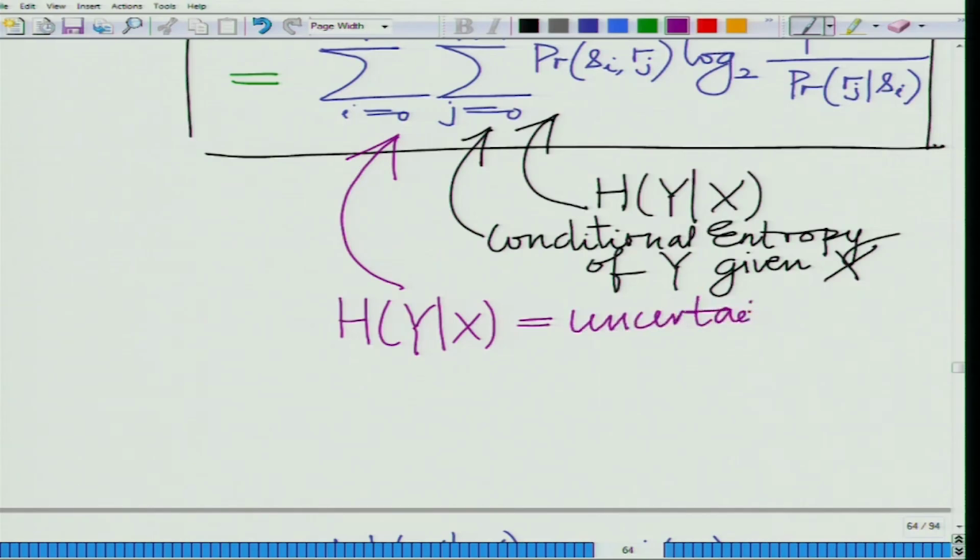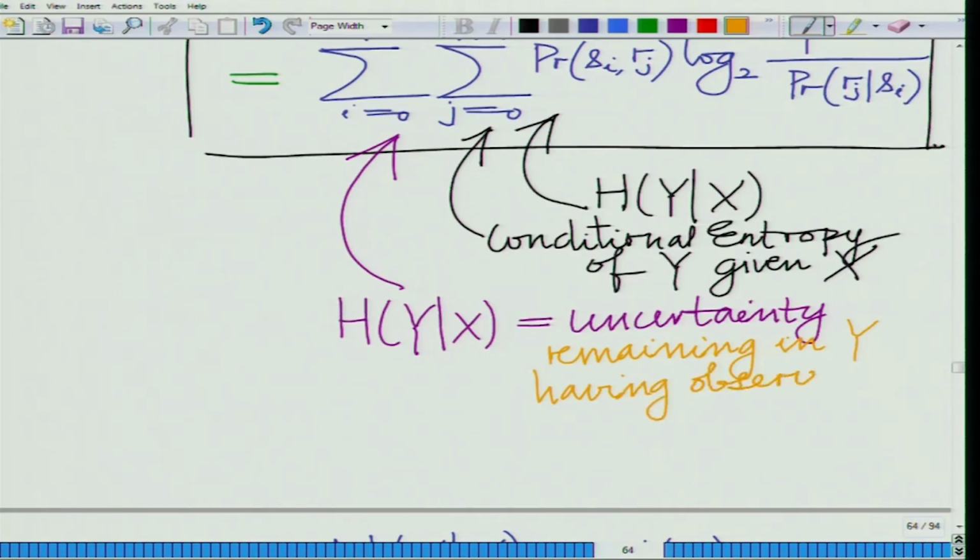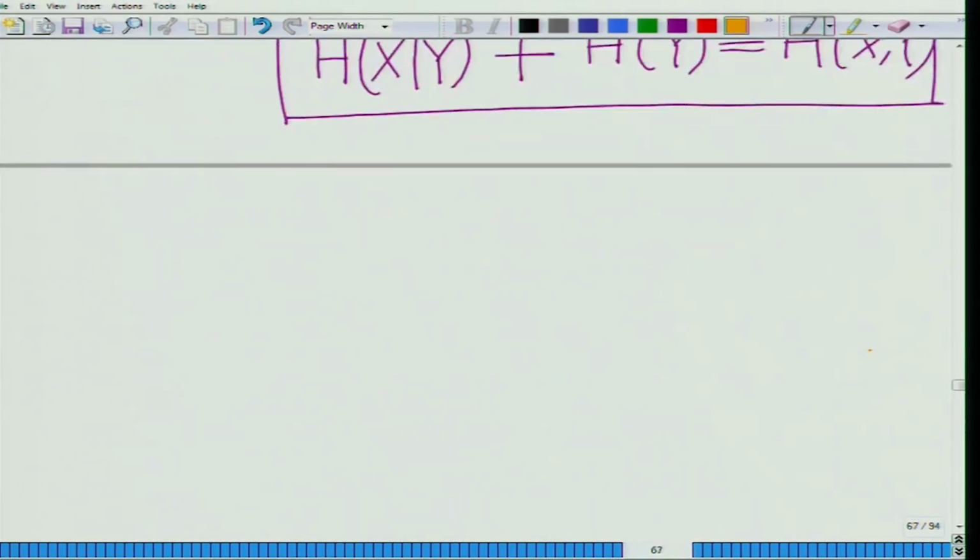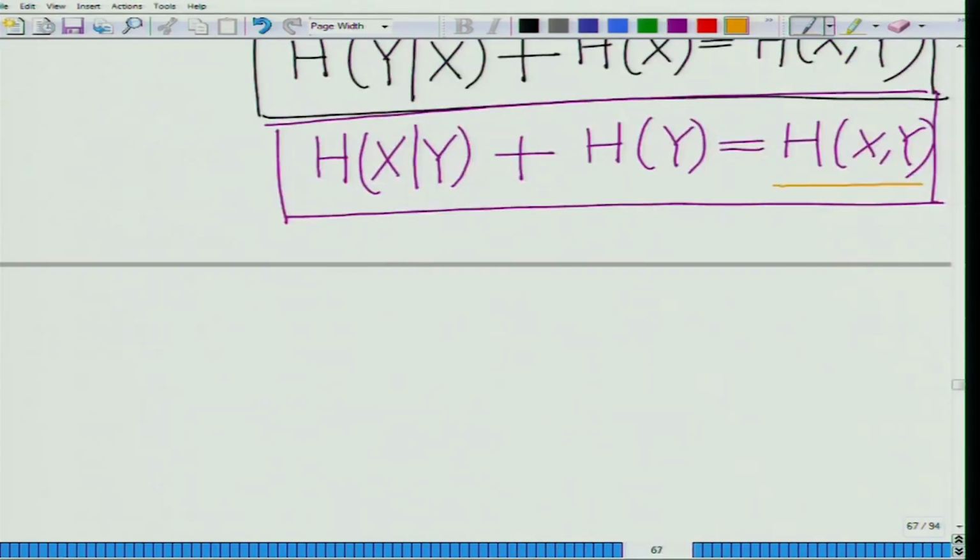equals the uncertainty remaining in y having observed x, and h x given y, and of course, this is the joint information in x and y.